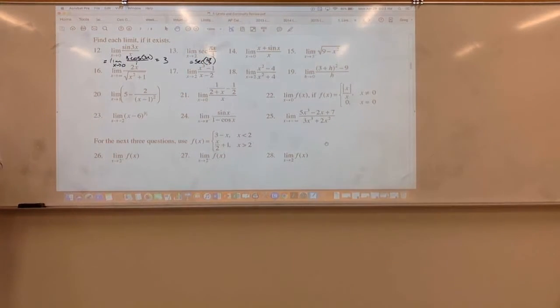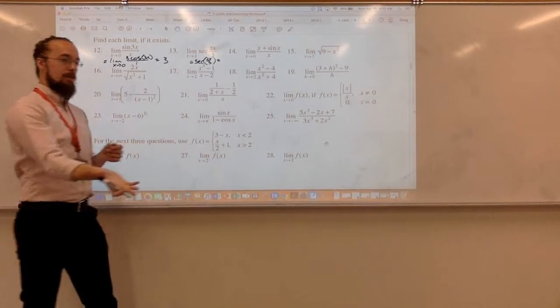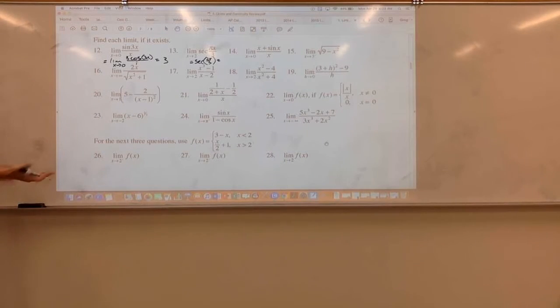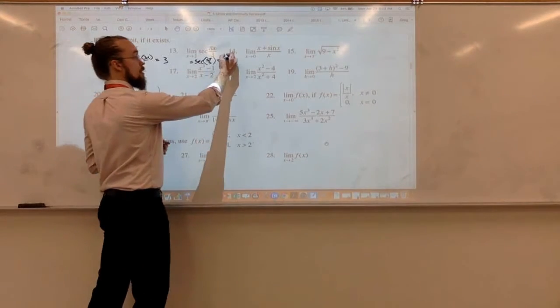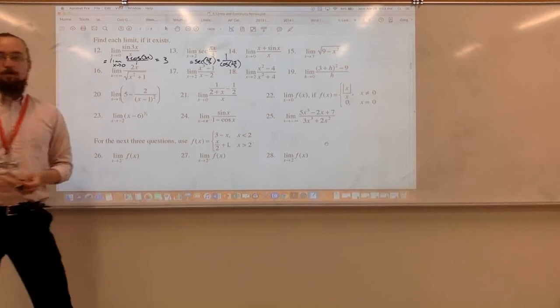Secant is one of our reciprocal functions. If this were a free response, you could just leave it like that. But more than likely, something like this would show up on the multiple choice. So this would be the same as 1 over cosine of 2 pi over 3.